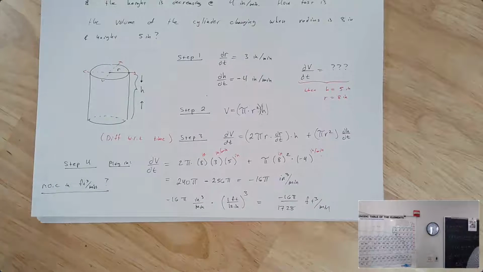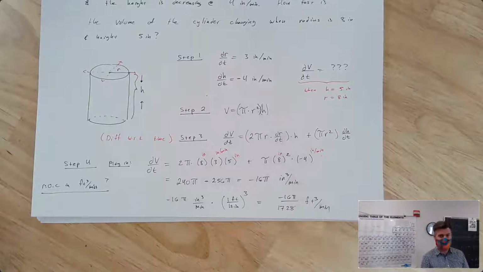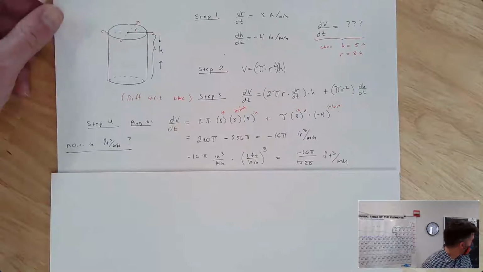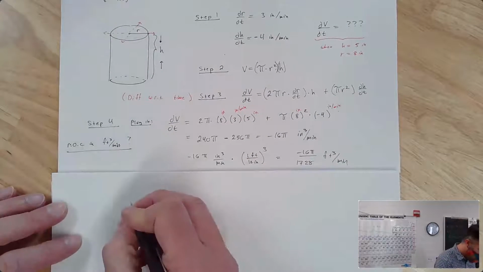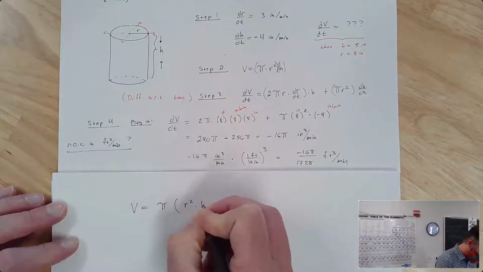Somebody asked, and they're not wrong to ask, why didn't I just treat the pi like a constant out in front? I don't have a good answer other than it's the way I like to do it. But the better answer is we could have treated the pi like a constant out in front. So you could have said, volume is pi times r squared times h.